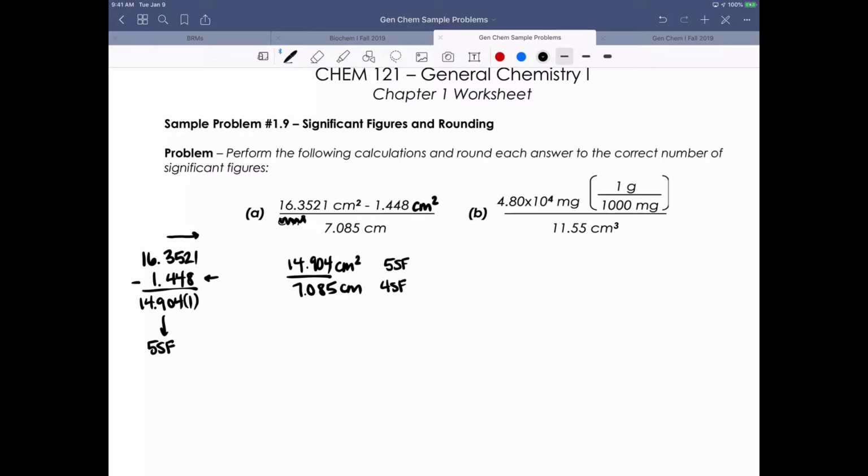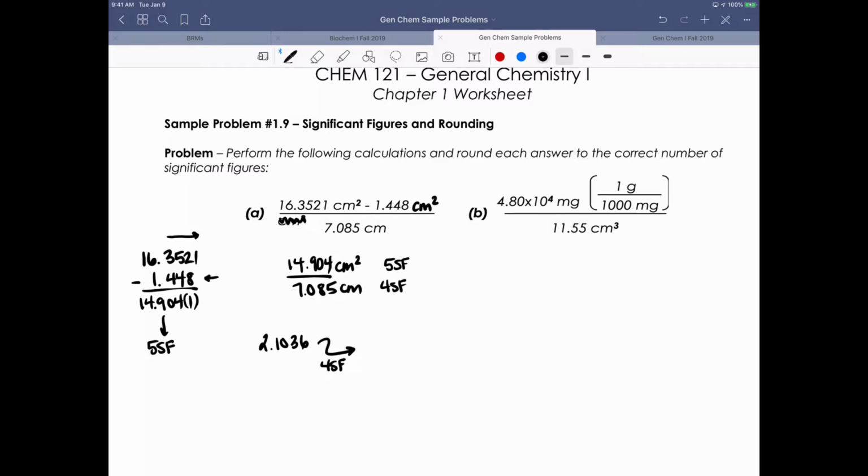So we are limited by the number of significant figures in our denominator. Do this math in your calculator, and I would encourage you keep at least one additional significant figure as you write down what your calculator says. So this gives an answer of 2.1036. We know we need to round to 4 significant digits. And what you'll see when I do problems is I'll draw like a little twisty arrow there, and then I'll say 4SF to remind myself that this is the answer that my calculator gave me.